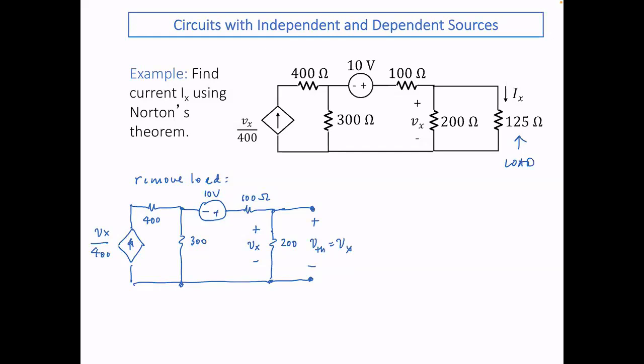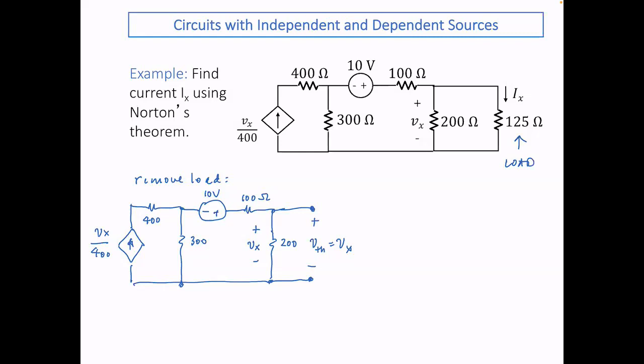Okay. Now you have many tools for doing this. Let's go back to the tool that we are supposed to be very familiar with at this point. Ang gamitin nating tool is the node voltage method.